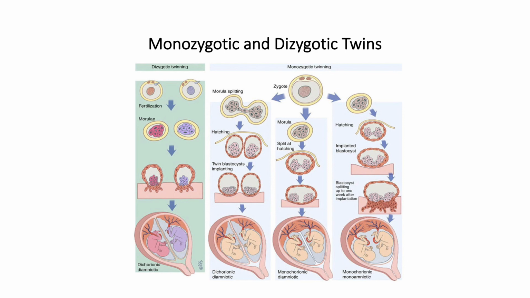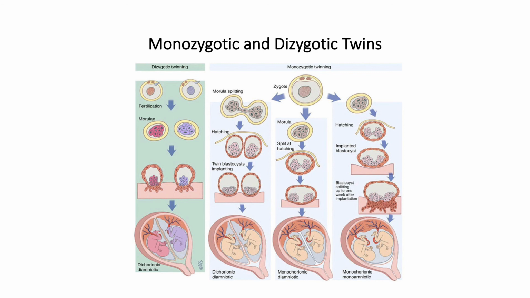So they're really no more similar than any two siblings. They can be male and female. They can look exactly alike, but they don't have to. Dizygotic twins do not share the same exact DNA. They're going to be different.